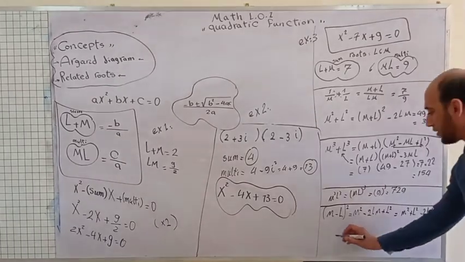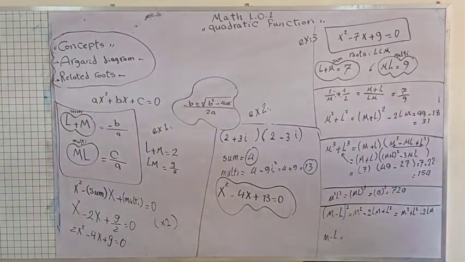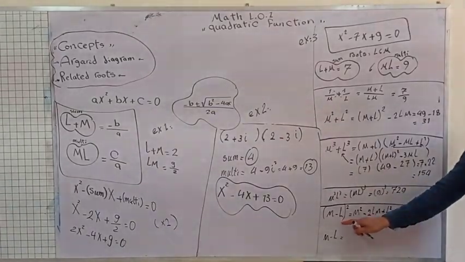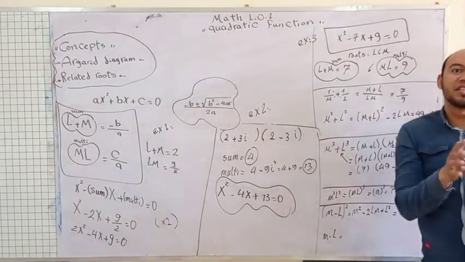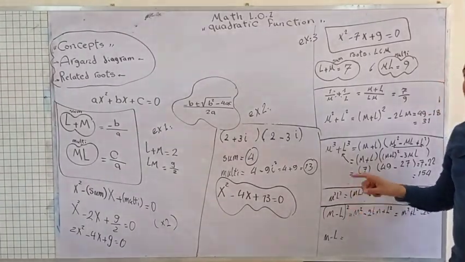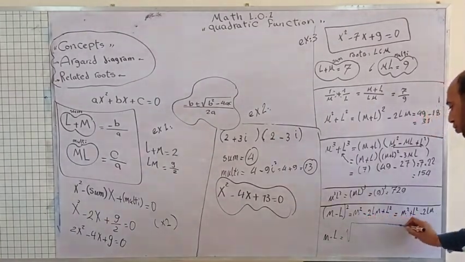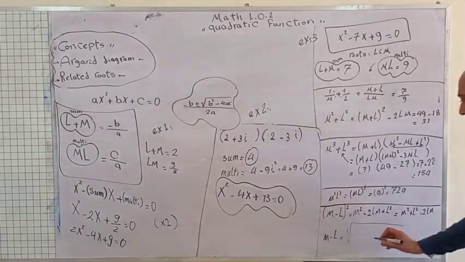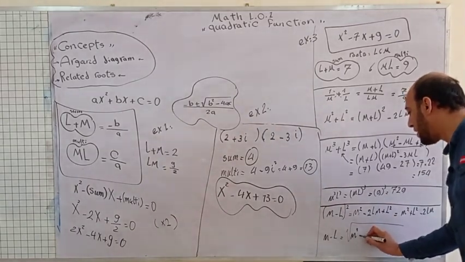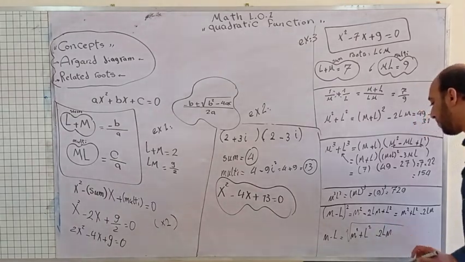Now, I want just m minus l. m minus l is the square root of this value, because this value equals m minus l all square. To eliminate the square, we take the square root. Then m minus l will be the square root of m square plus l square minus 2lm.